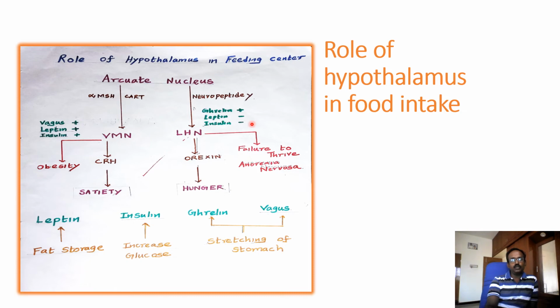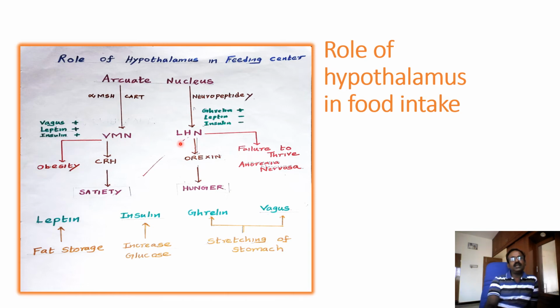Leptin and insulin inhibit the feeding center. Corticotropin releasing hormone also inhibits food intake by stimulating the satiety center. And leptin and insulin inhibit the feeding center, the lateral hypothalamic nucleus. Lesions of the ventromedial nucleus produce obesity.